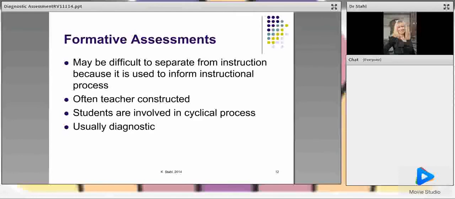So we want to have a clear idea of the boundaries of the administration, of the standardization process of administering it.